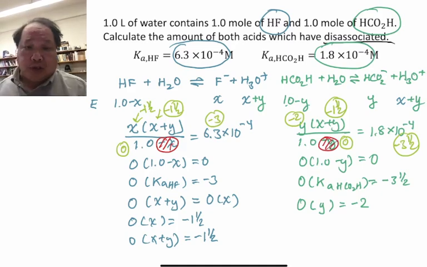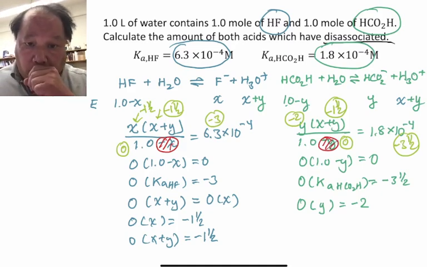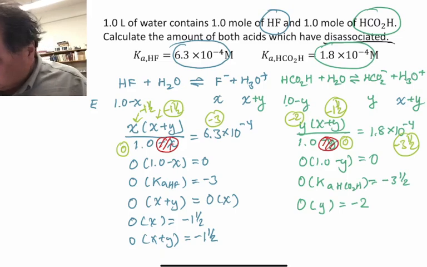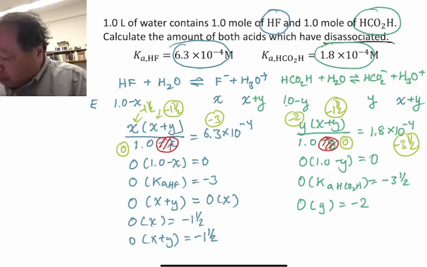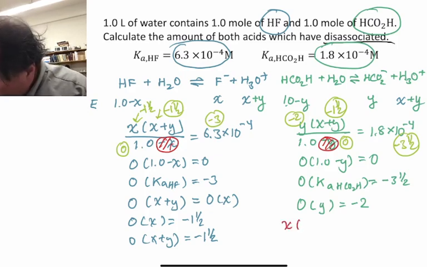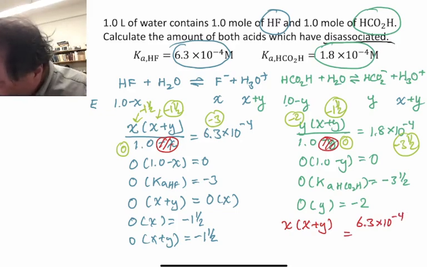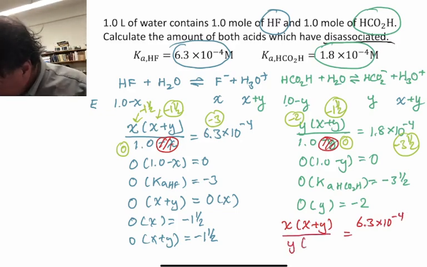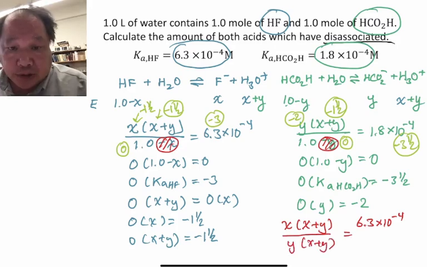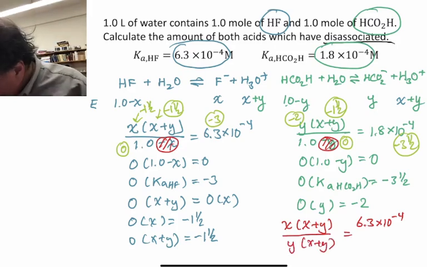And now what we're going to do is take the remaining equations that we have, and we're going to write them in the following form. The top equation is x times x plus y equals 6.3 times 10 to the -4, and we're going to divide by the second equation. Y times x plus y is equal to 1.8 times 10 to the -4.